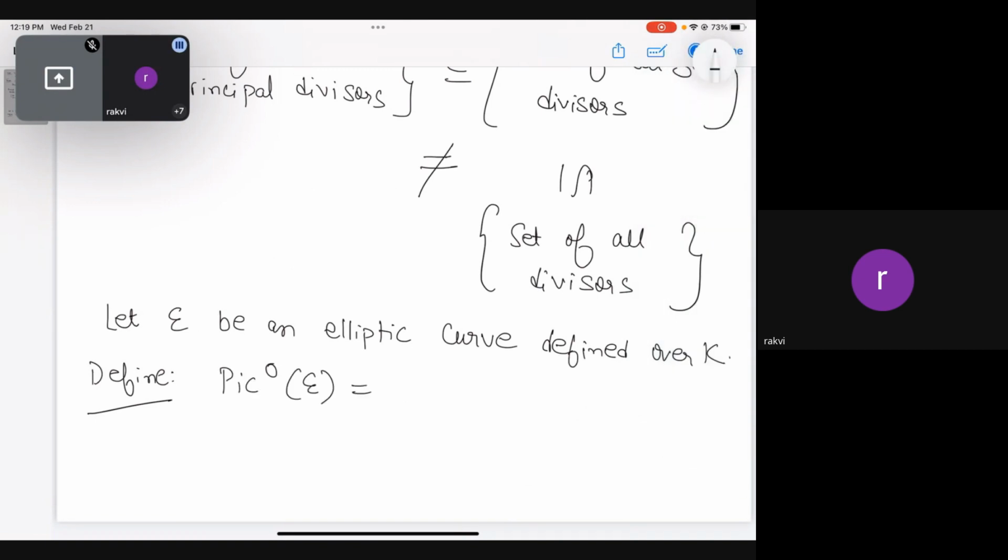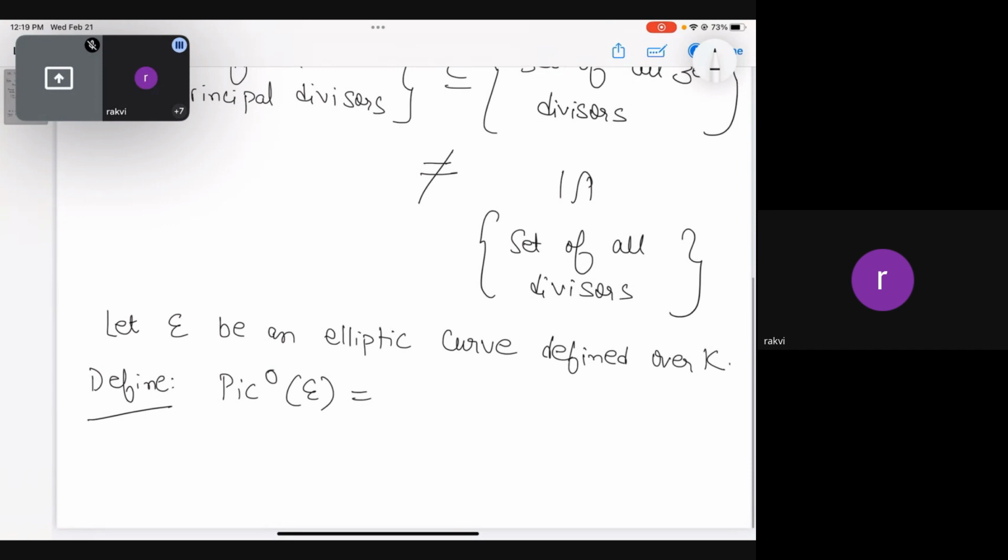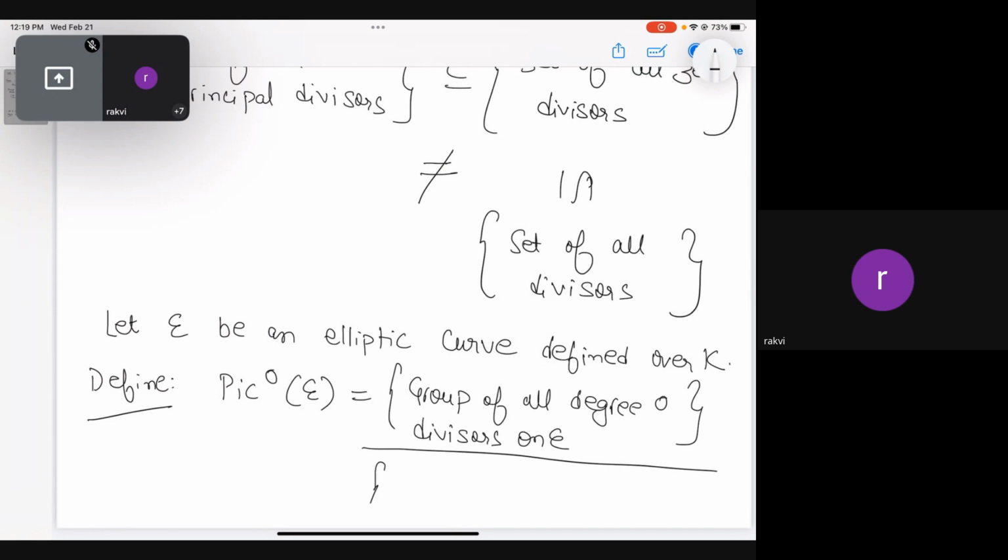So this thing is basically the quotient of the group of all degree zero divisors on E mod out by the group of all principal divisors.